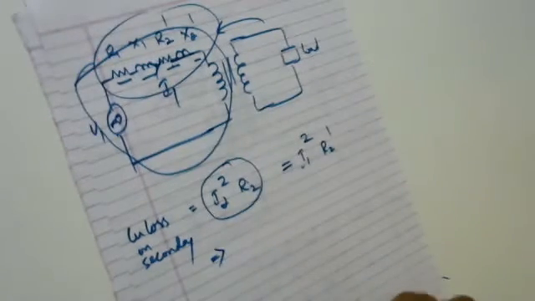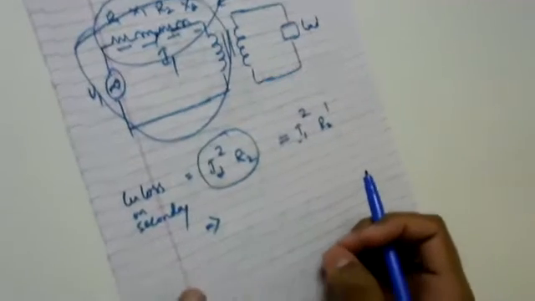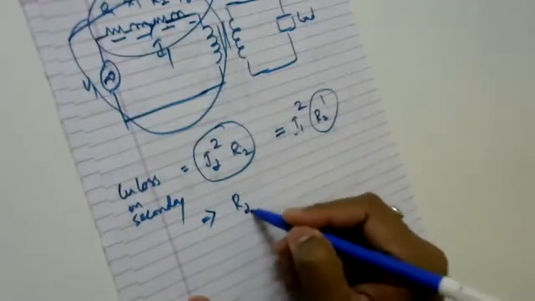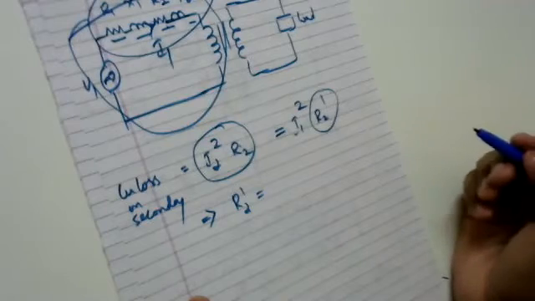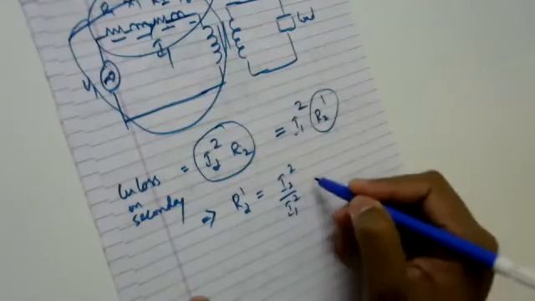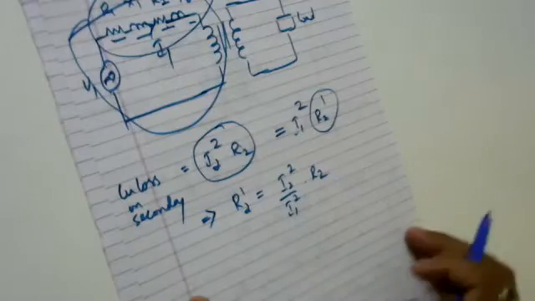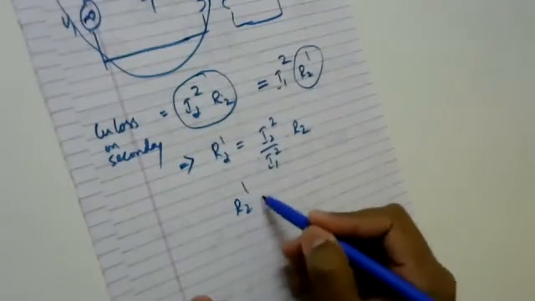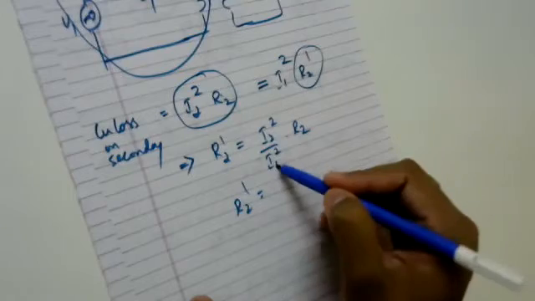So this equation implies, what is my R2 dash? R2 dash is equal to I2 square divided by I1 square into R2. What is I2 by I1?